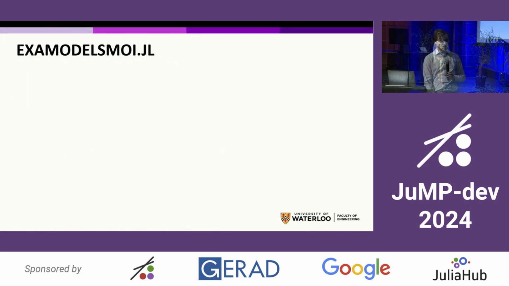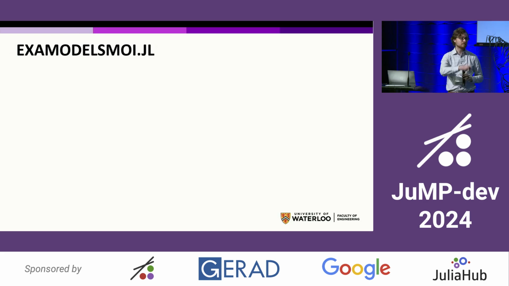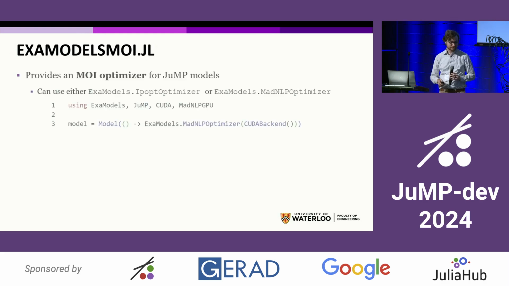Okay, to connect this back to MOI, so that whole framework is built on the NLPModels framework. Okay, so it's compatible with kind of the Julia smooth optimization environment. So to make this compatible with JuMP, they have this extension called ExaModelsMOI that behind the scenes, basically to end up using it, all you have to do is you get this sort of ExaModels optimizer object that you can just put in a JuMP model.